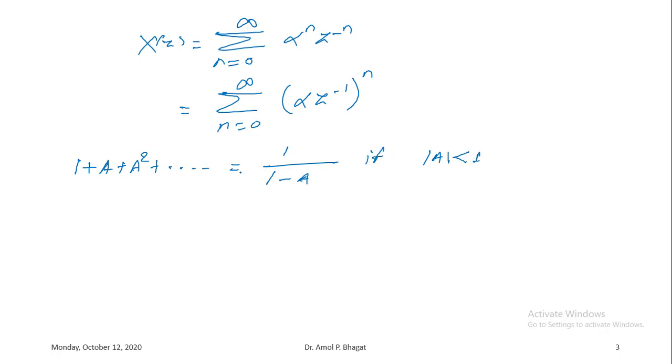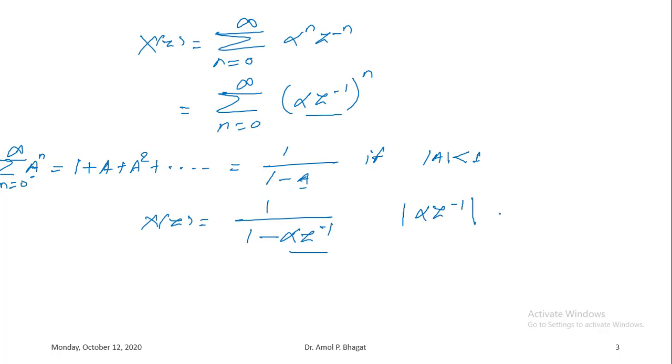So by using this form of infinite geometric series, which is for summation n is equal to 0 to infinity a to the power n, it can be represented in the simplified form as 1 upon 1 minus a. In place of a there is the value alpha z inverse, so you can write X of z as 1 upon 1 minus alpha z inverse, provided that mod alpha z inverse is less than 1.